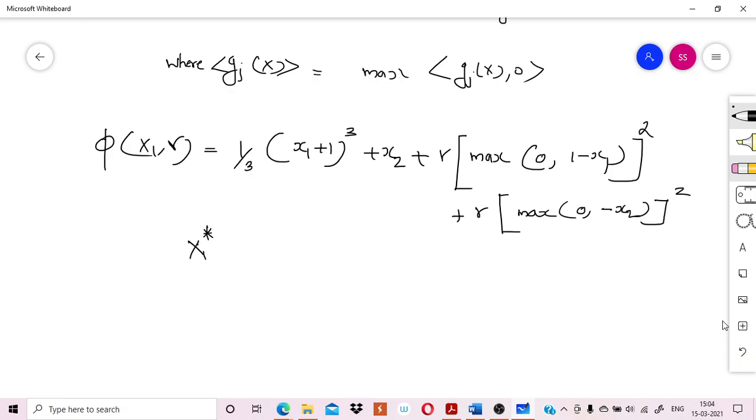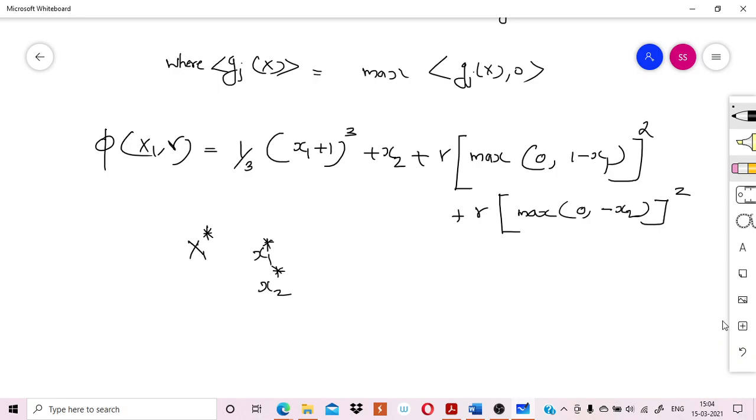You have to find x1 star and x2 star such that they minimize our unconstrained optimization function phi of x1, r. That is your unconstrained objective function phi.